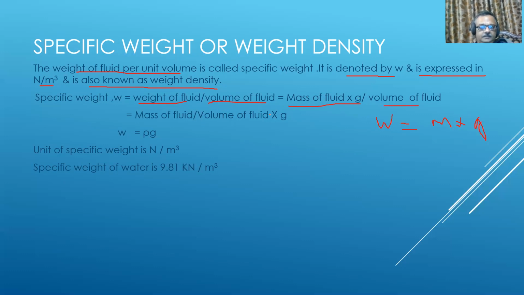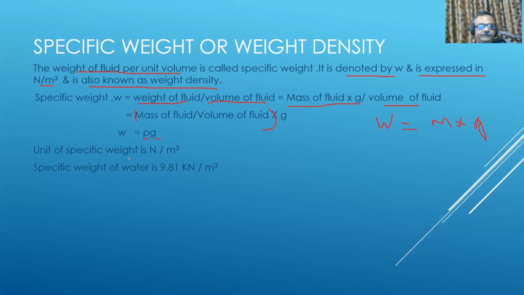So in this way it comes, you can also do this. Okay, students. So mass of fluid divided by volume of the fluid, you know this, that is rho, and this is rho g.